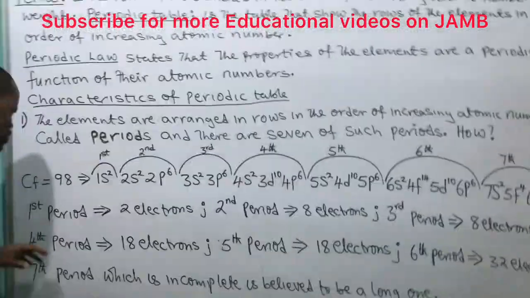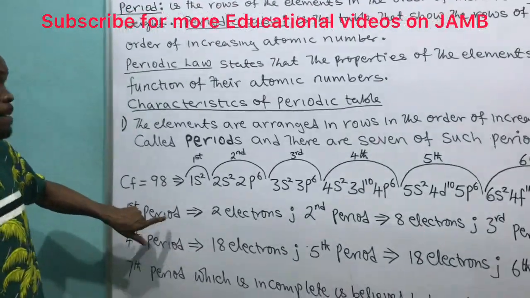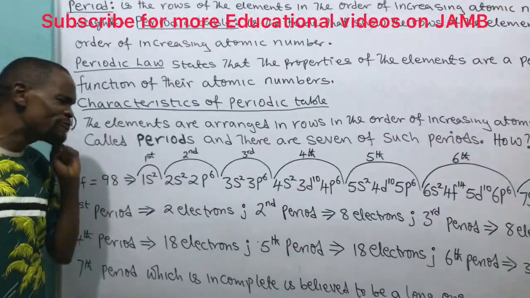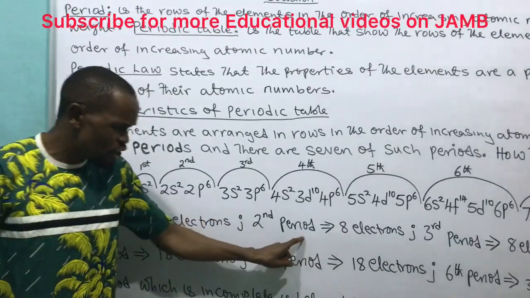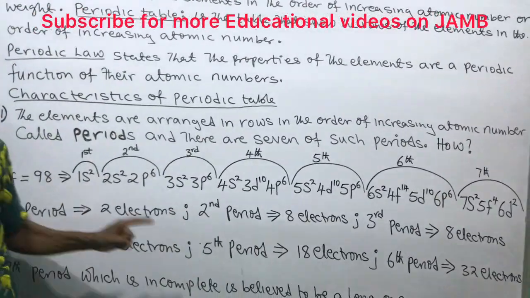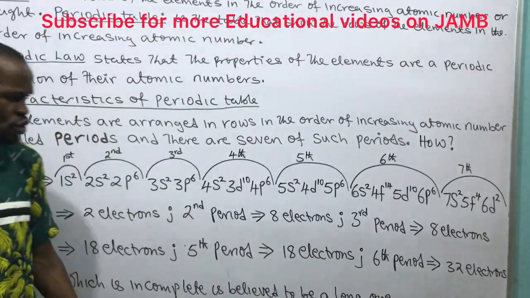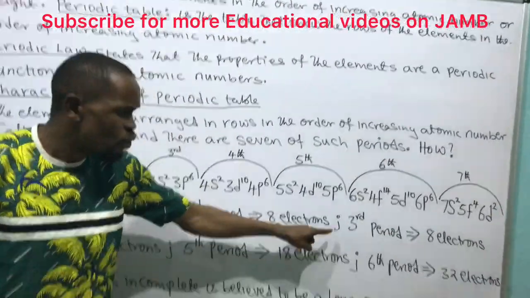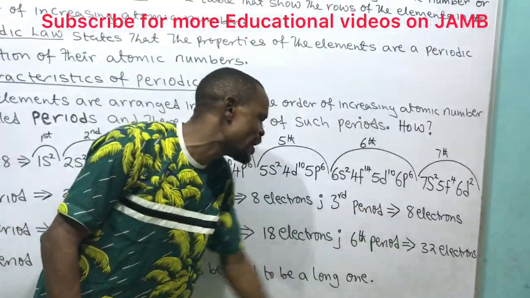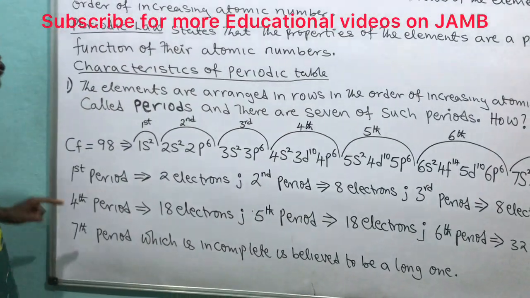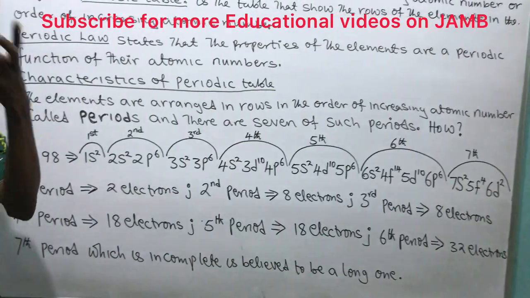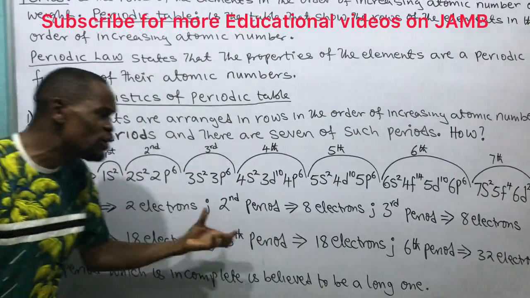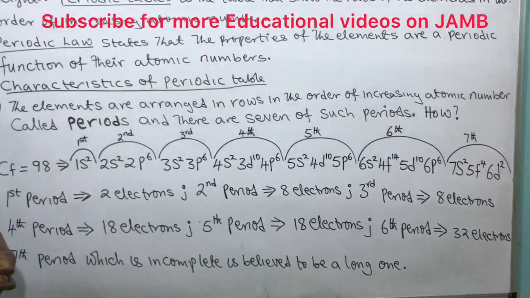It means that my first period will only be filled up with 2 electrons. The second period will always be filled up with 8 electrons, and the third period also 8 electrons. The fourth period will be filled up with 18 electrons, and the fifth period also 18 electrons.